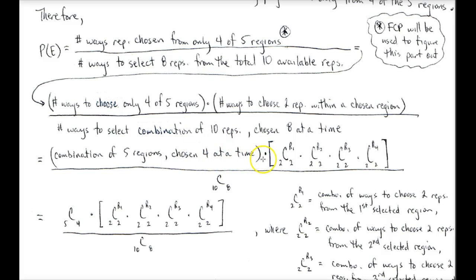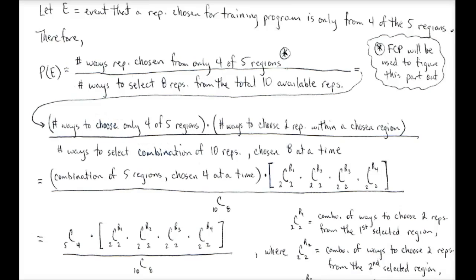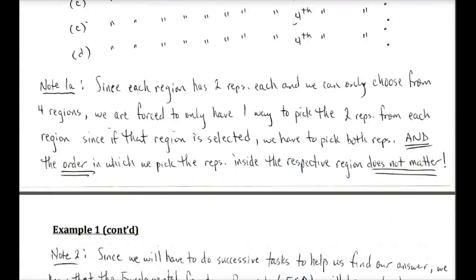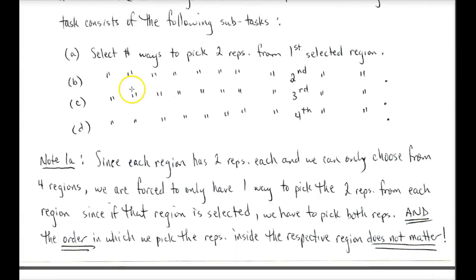Okay, so we have this times, by using the fundamental principle, the second major task. And so you see I have all these things multiplied times each other here. If you remember, I said that there were some subtasks in the second major task that we had to do. And I'll go back to that quickly here.